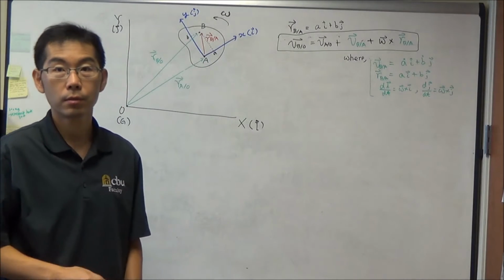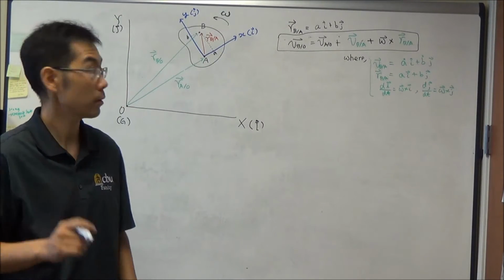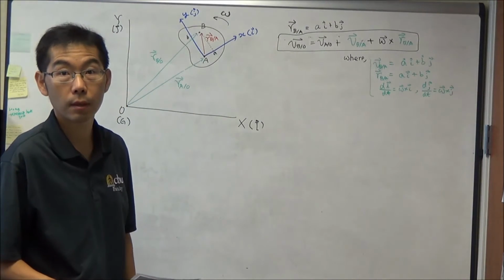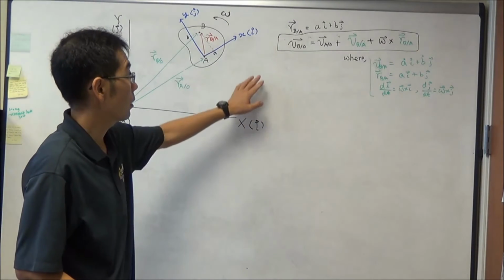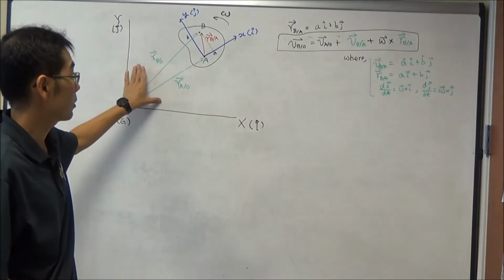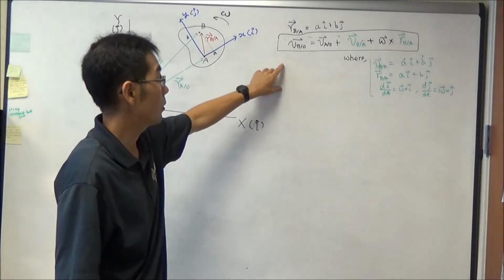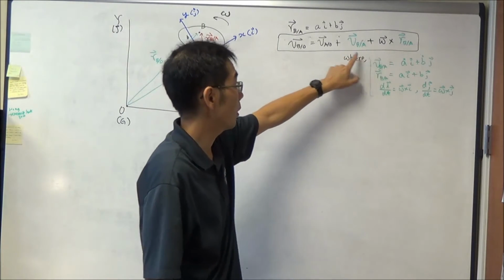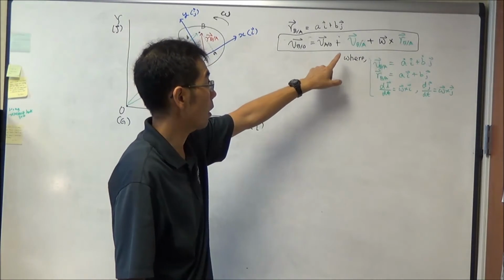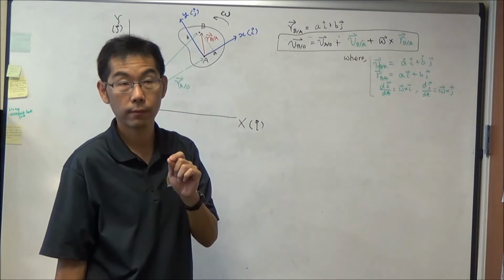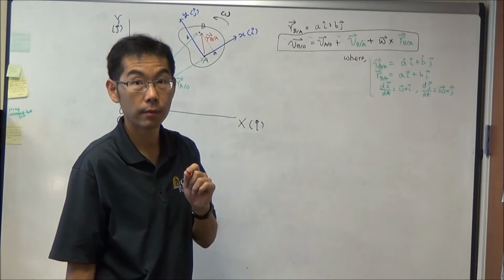Okay, so let me continue to talk about how we get the accelerations from this equation. Right now this is the same sketch, and the green colored writing represents the relative velocity and relative position.